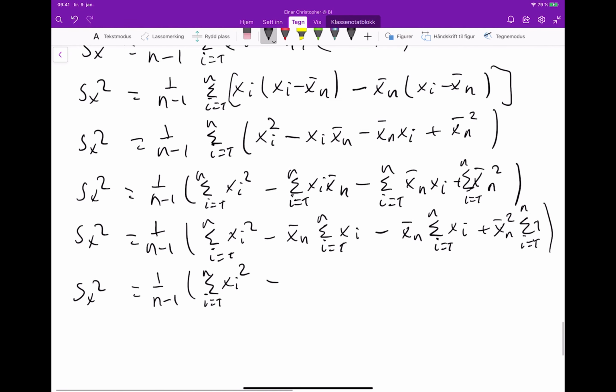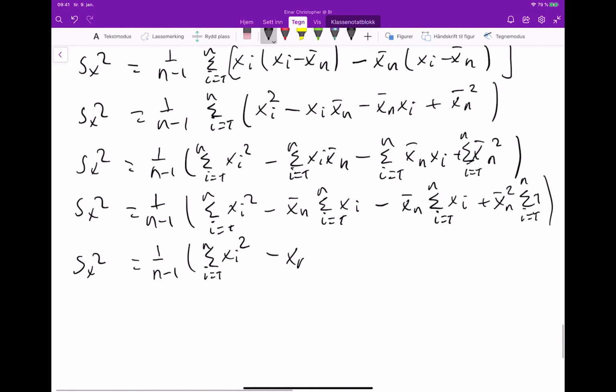So let's do that. Instead of writing the sum of xi, I can write that as n times x bar n. So this one is this one.